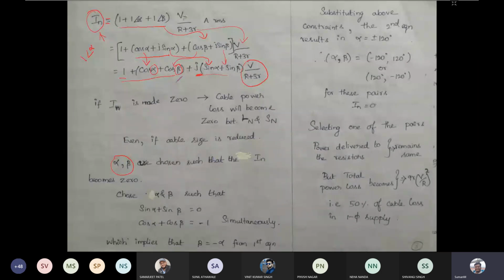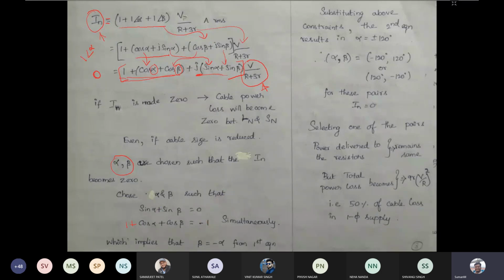Now we have to make In equal to 0. The other term is already a fixed value. If you cross multiply, then this complete term is equal to 0 and this complete term is equal to 0. That means the real term is equal to 0, so 1 plus cos alpha plus cos beta is equal to 0. Then sin alpha plus sin beta, the reactive term, is also equal to 0.